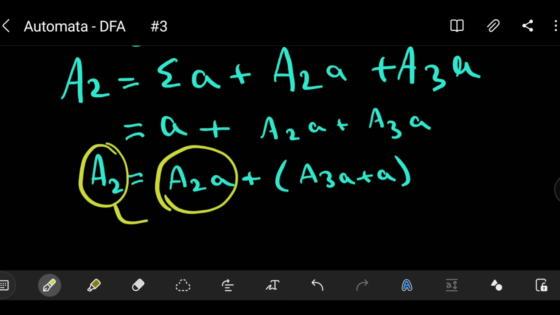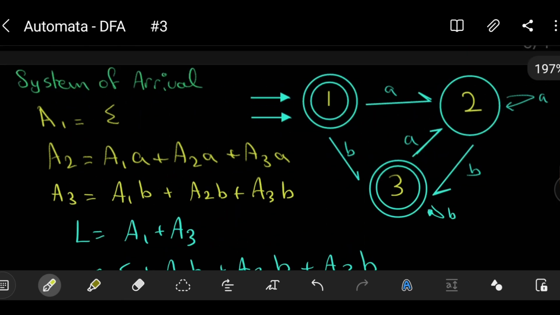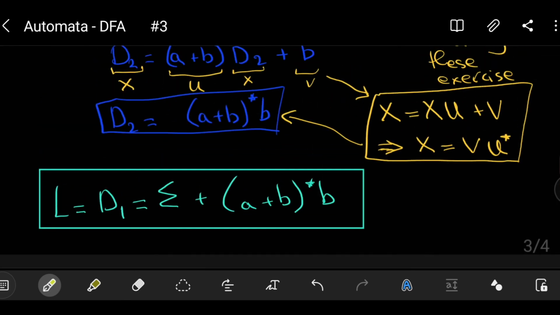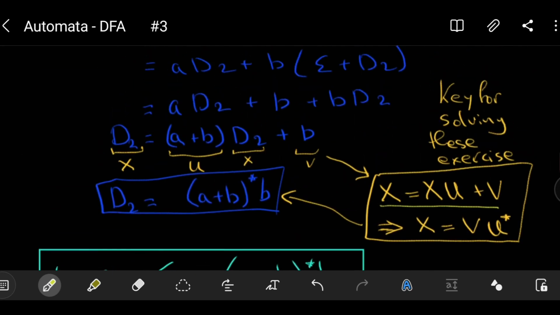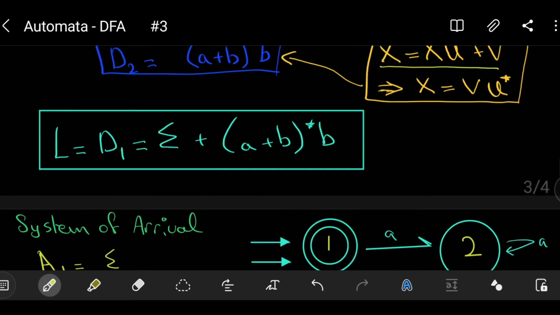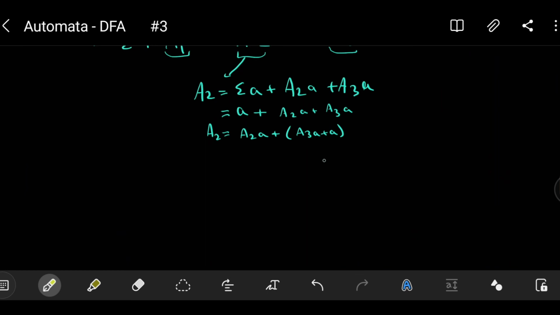We see here there is a common A2 on both sides, and we need to use the property that I have talked about, which is x equal xu plus v implies x equal to vu star.